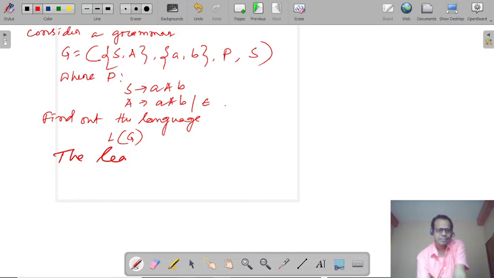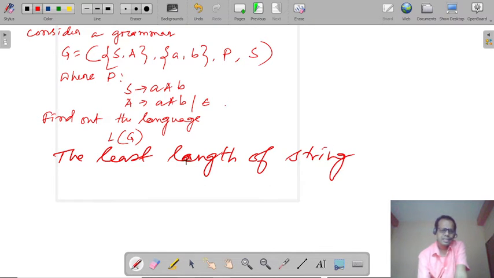The least length of string: S implies a A b, and A goes to epsilon, and next is b.